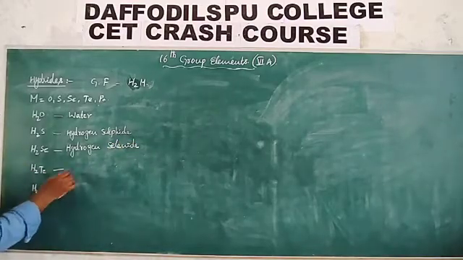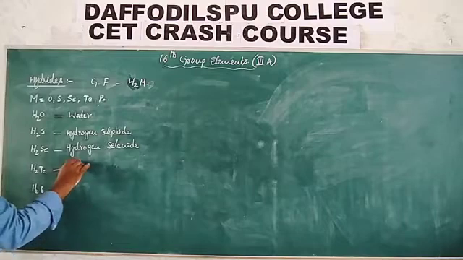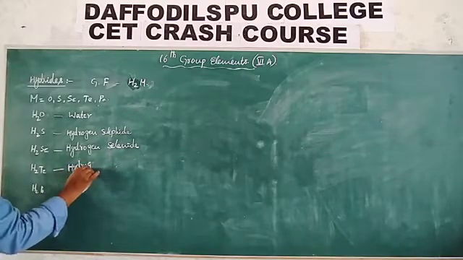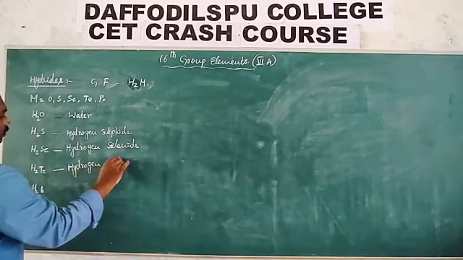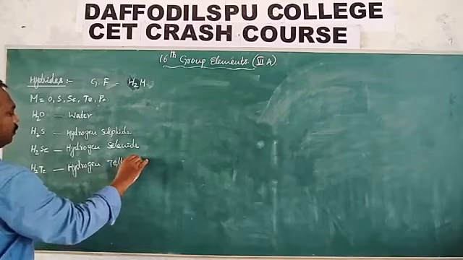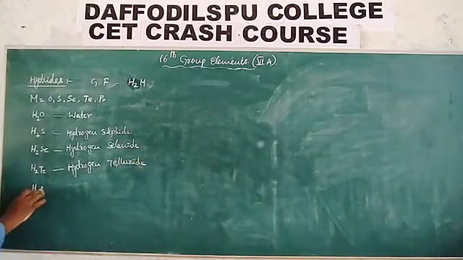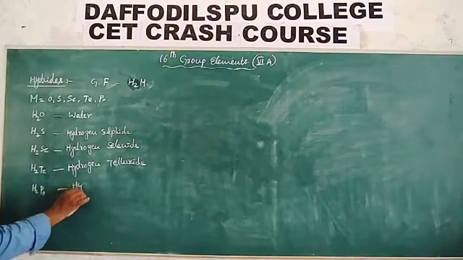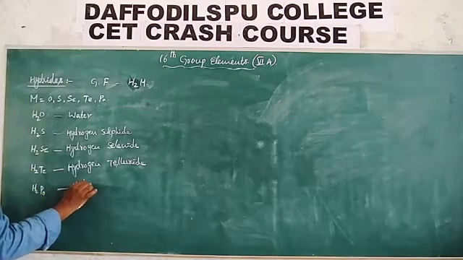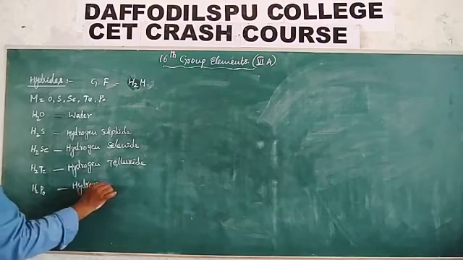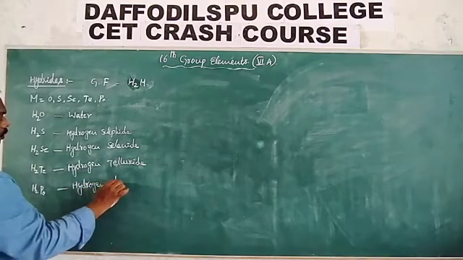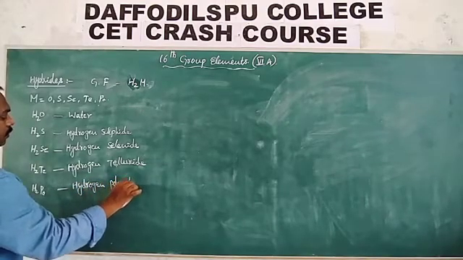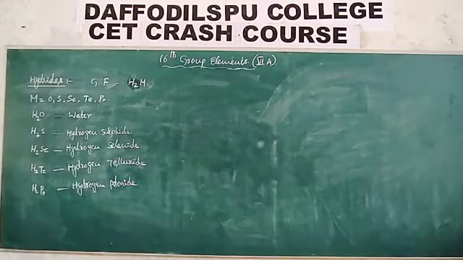This is hydrogen telluride. And this one is hydrogen polonide. So these are the hydrides of 16th group elements.